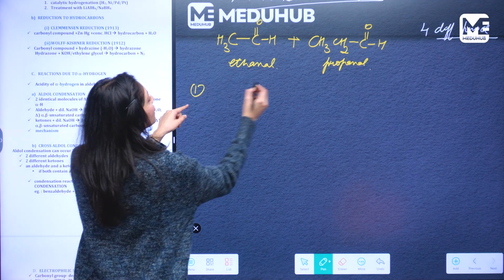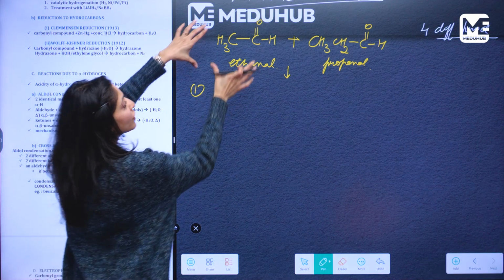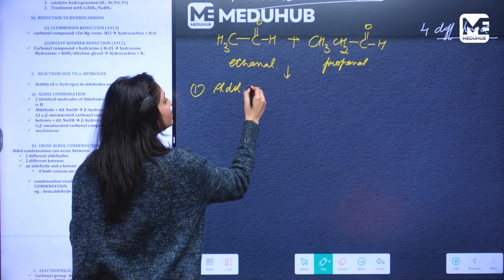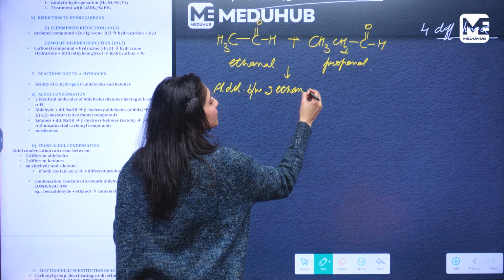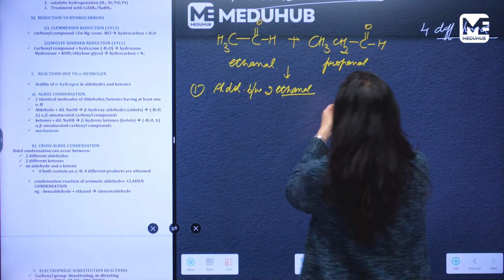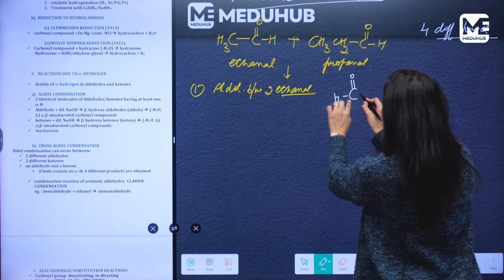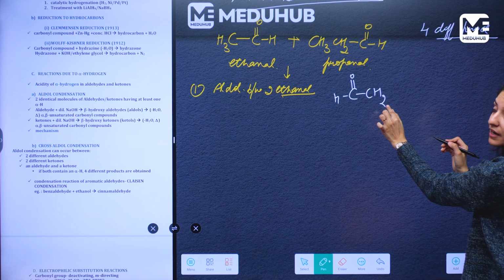The first product would be a simple aldol condensation product between two ethanol, right? So aldol condensation between two molecules of ethanol. This would give us, this is the carbonyl carbon. The alpha hydrogen was lost from here. So this formed a carbon ion.